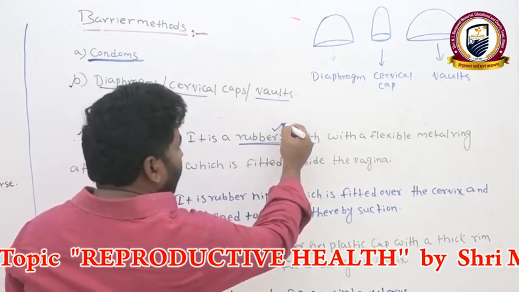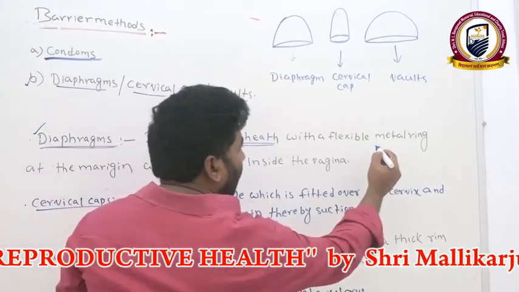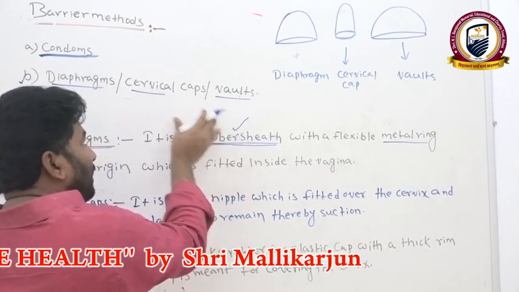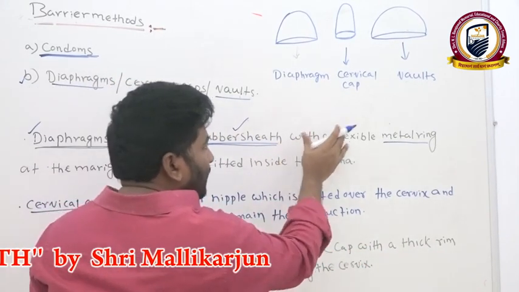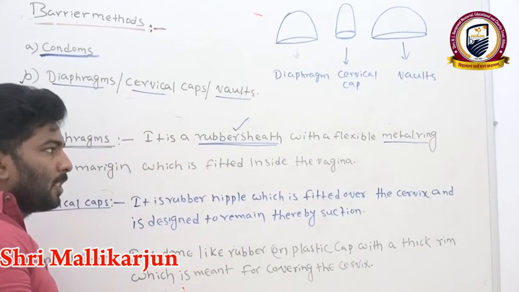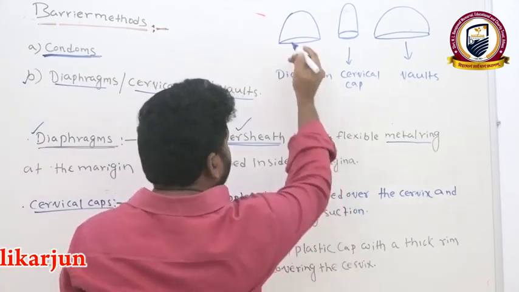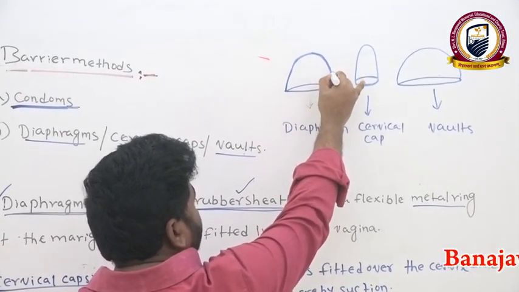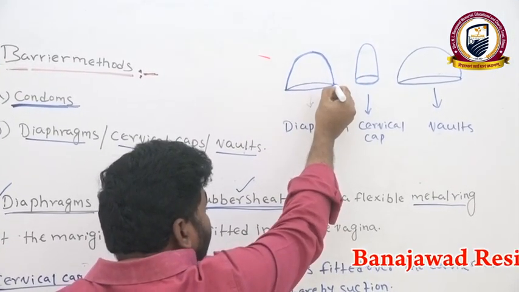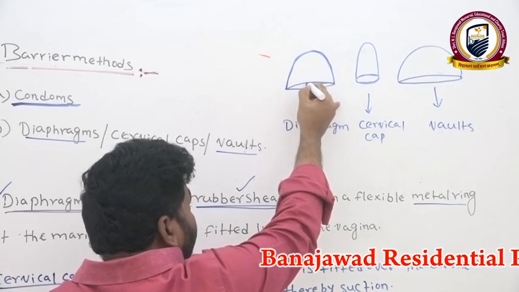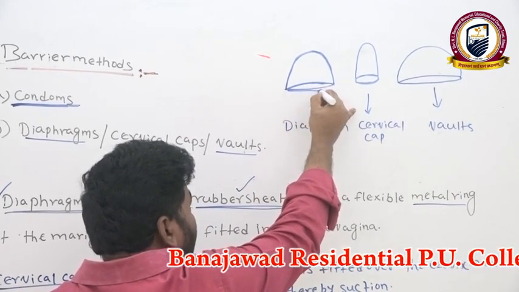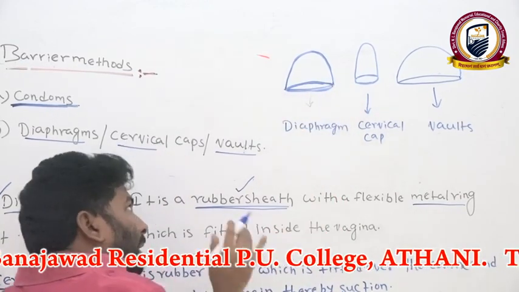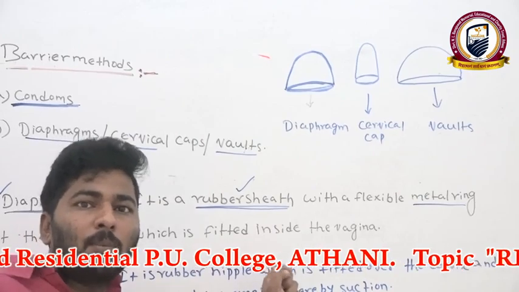First we will discuss the diaphragms. It is a flexible rubber sheath like a condom, with a flexible metal ring. If you see here, this is a rubber material, and here we are fitting one metal ring, which is also a flexible metal ring.